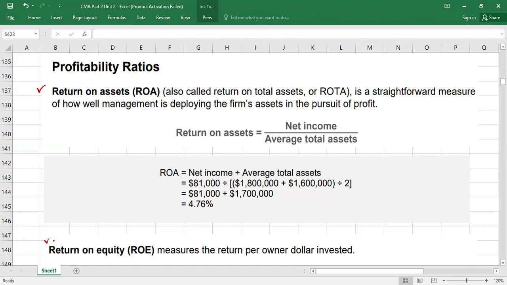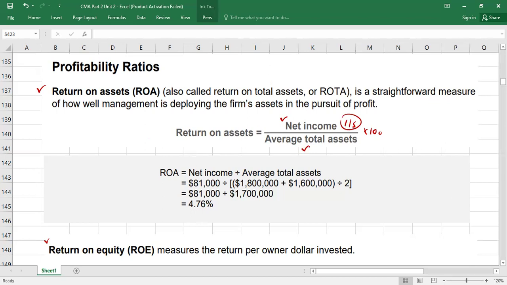So return on asset, first of all, how is it calculated? But please remember, don't forget the formula. First let me tell you the formula, and then I'll explain. Return on asset: you take net income divided by average total assets and multiply by 100, so you get the answer in percentage. Net income obviously you will get from the income statement.